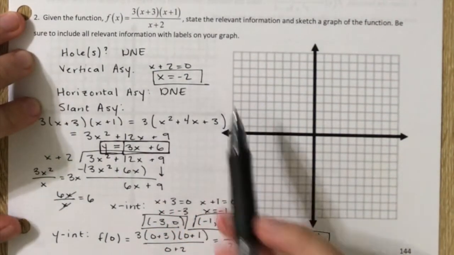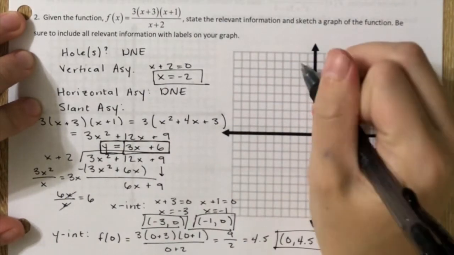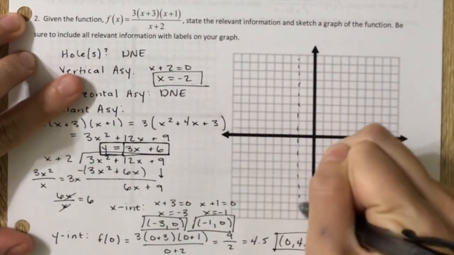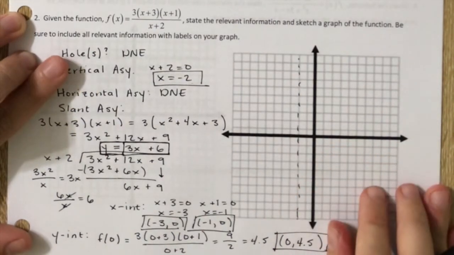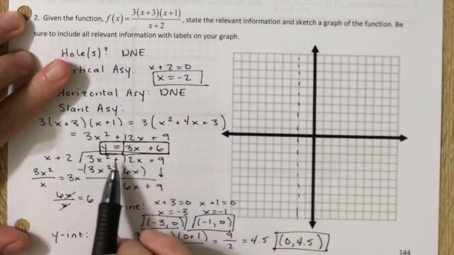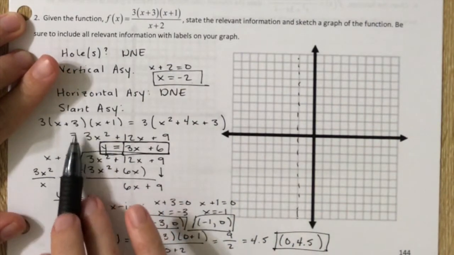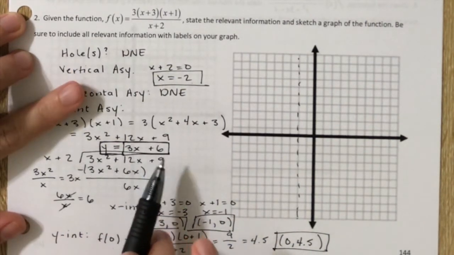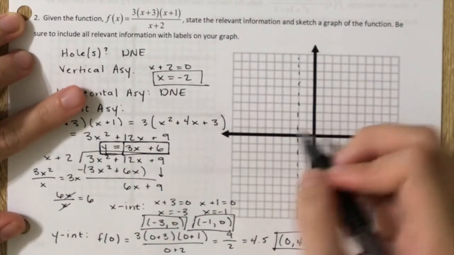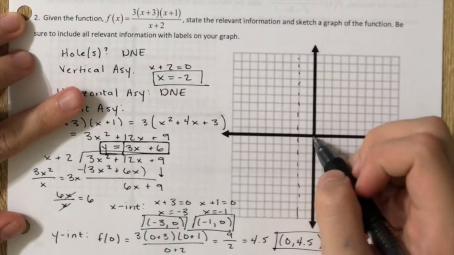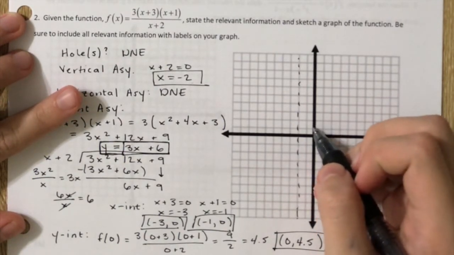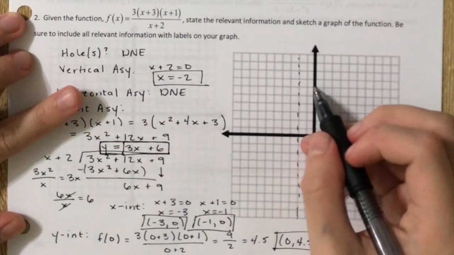So let's start out with this vertical asymptote. We've got a vertical asymptote at x equals -2. That's right there. We don't have a horizontal asymptote, or any holes for that matter, but we do have a slant asymptote at 3x plus 6. How do we graph that line? Well, it's a line that has a y-intercept of 6, right?